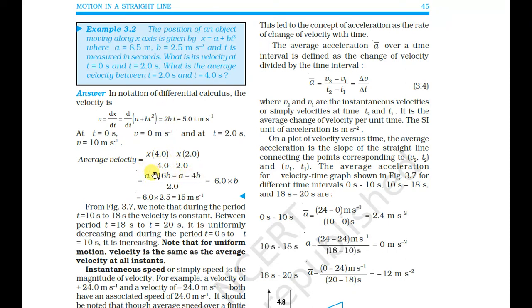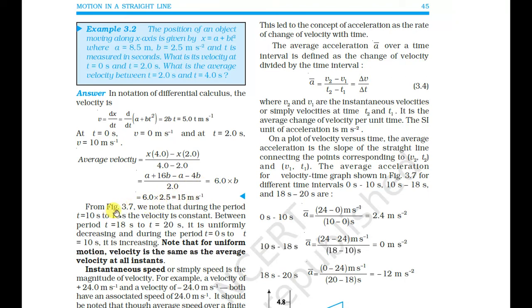The a is cancelled out, so 16b minus 4b is 12b, divided by 2, which gives 6b. So we get 6 into 2.5, which is 15 meters per second.